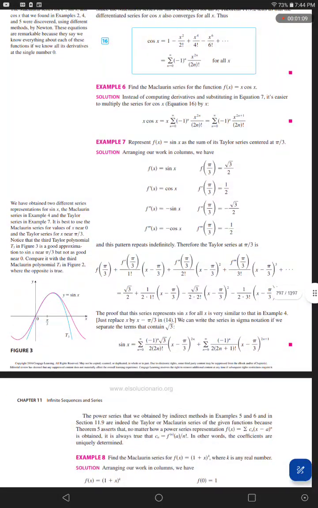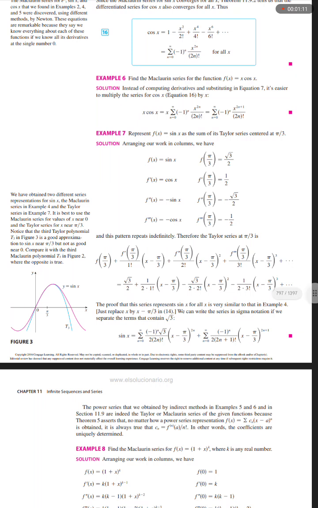Example 7. Represent f(x) = sin x as the sum of its Taylor series centered at pi over 3. Solution. Arranging our work in columns, we have f(x) = sin x, f(pi/3) = square root of 3 over 2.